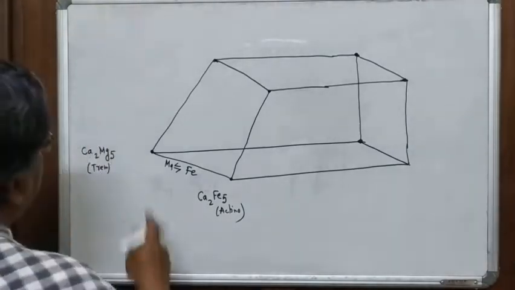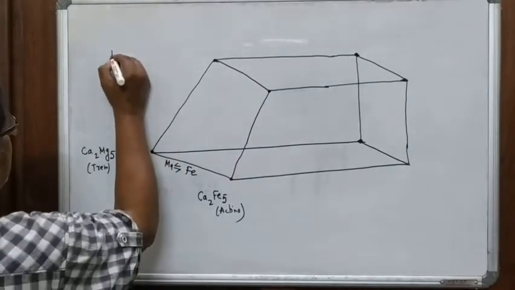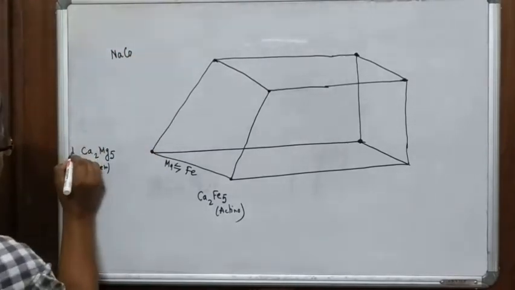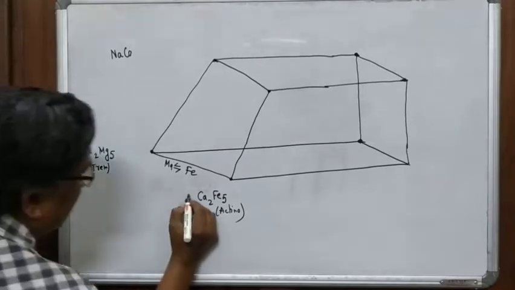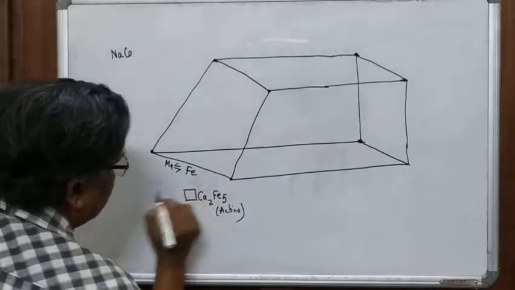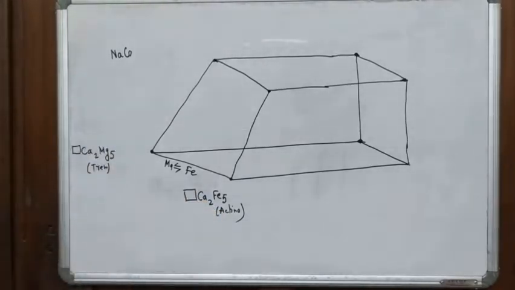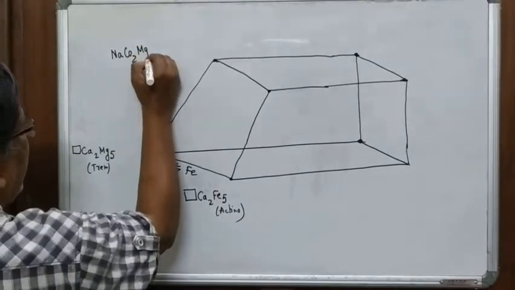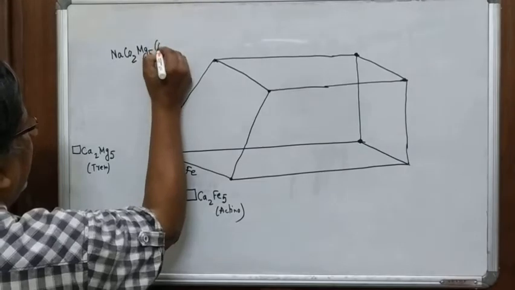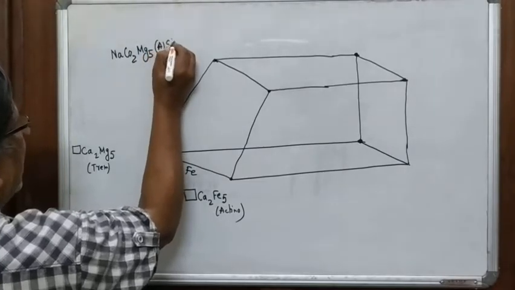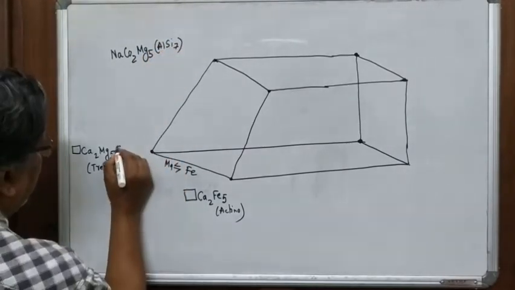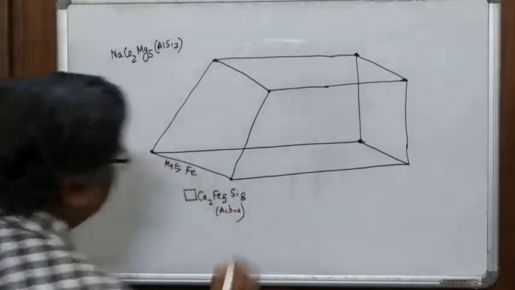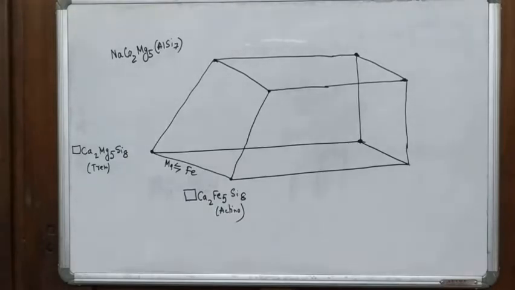Then here we write Na. I will keep this blank here, indicating that this is a vacancy. And so now you have NaCa2Mg5AlSi7. Remember, this was Si8 and this was Si8. O22(OH)2 is common.